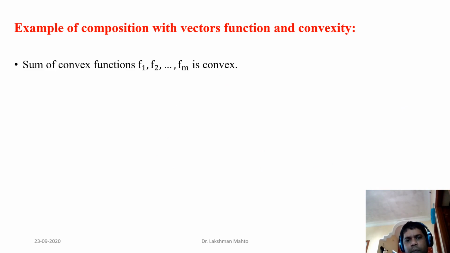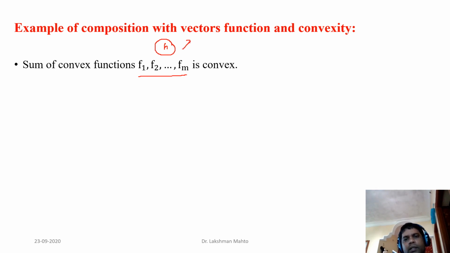Previously we have already discussed that if you take a collection of convex functions and sum them up, then the sum of convex functions always happens to be a convex function. You can relate this to composition with a vector function. What is h here?